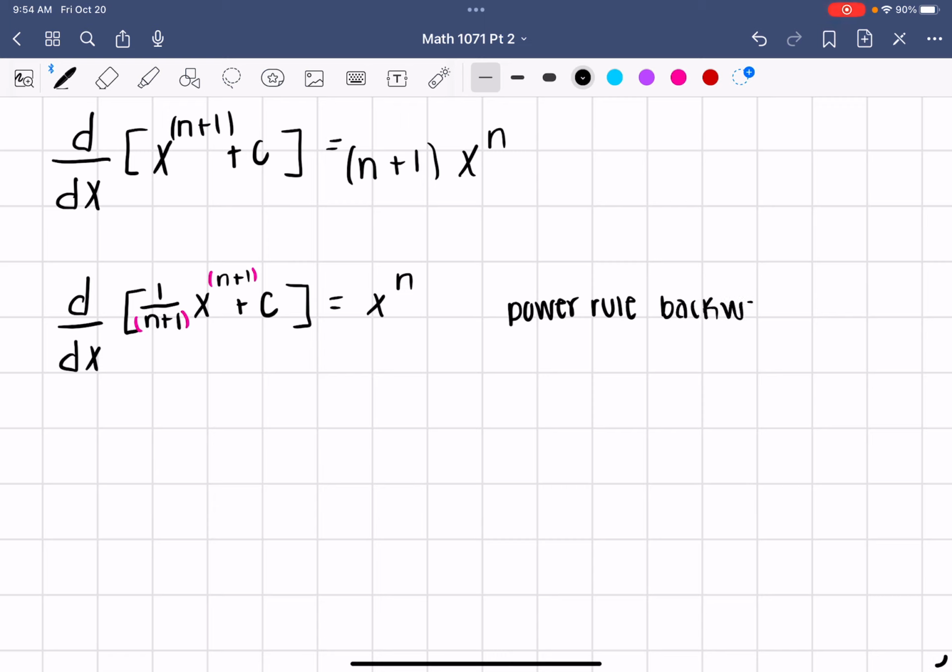And there is a symbol, right? Math has a symbol for everything. The symbol for pre-derivative looks like this long stretched out S, pronounced integral.